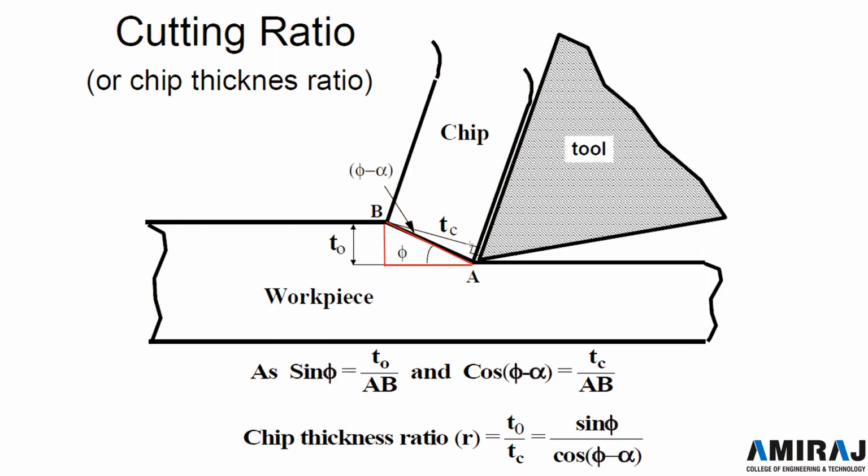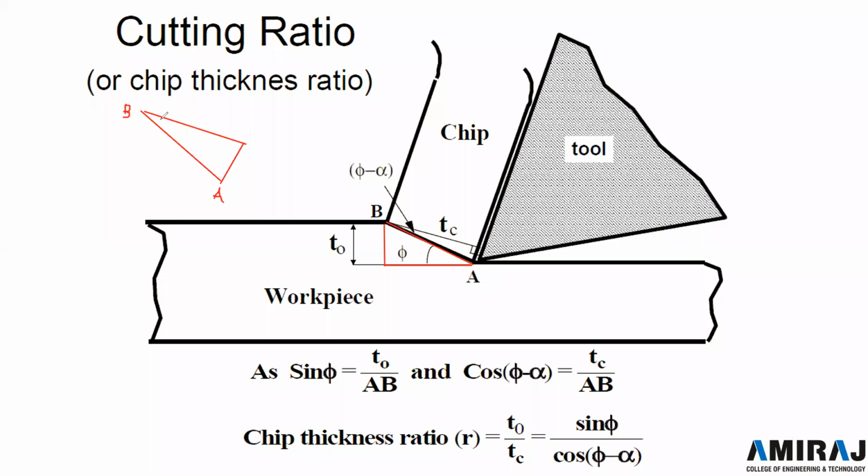Same way, there is another triangle. Let me enlarge it over here. It will look like this, with points A and B, and the chip thickness tc here.